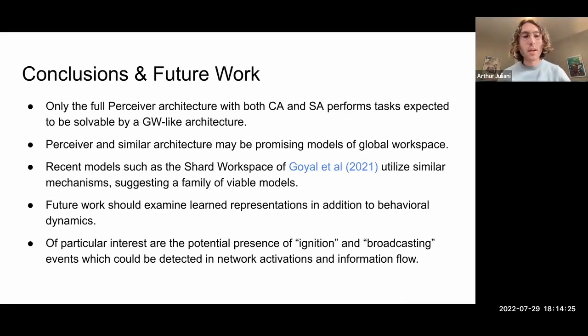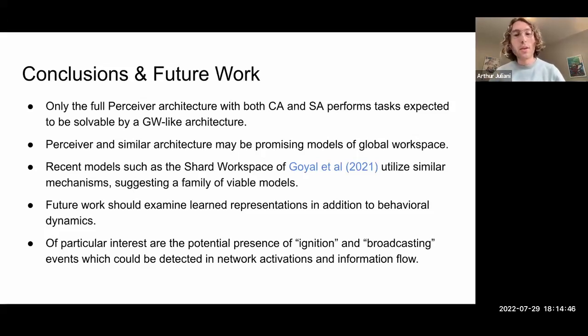In conclusion, it seems, based on the criteria that we laid out and the empirical results, that the perceiver architecture is indeed a potentially interesting model for looking at the global workspace in the context of a deep learning architecture.